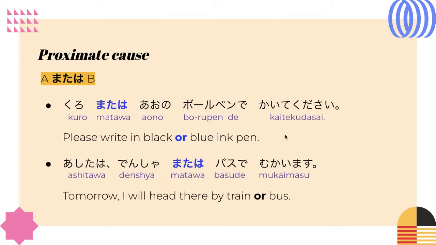So first, we're going to use または. This is the format: A phrase, または B phrase.